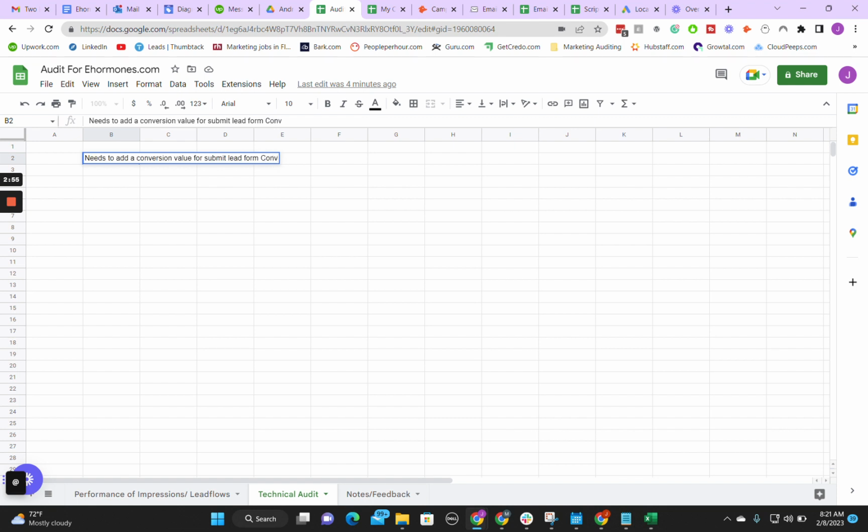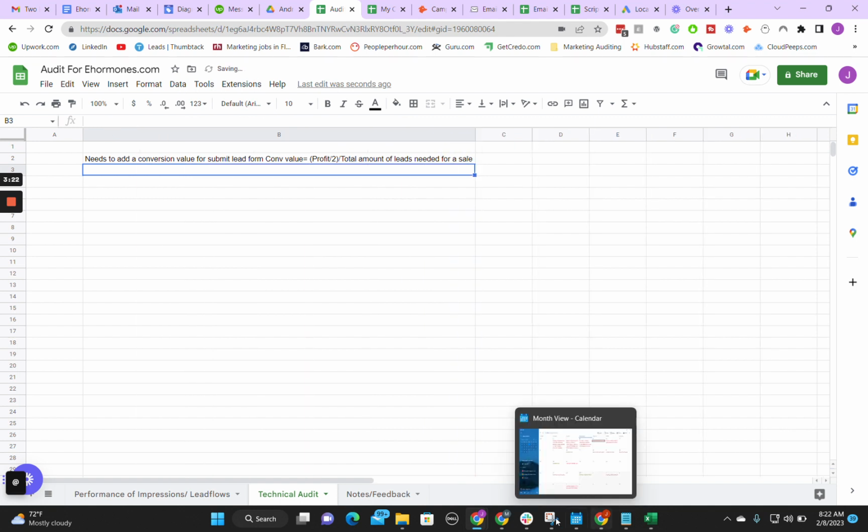So conversion value is equal to the profit divided by 2, and then divided by the total amount of leads needed for a sale. And then, boom, that is the first portion of our technical audit.